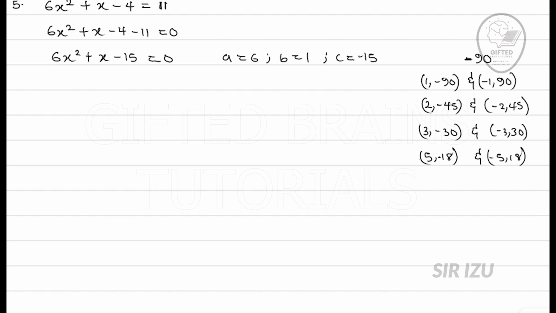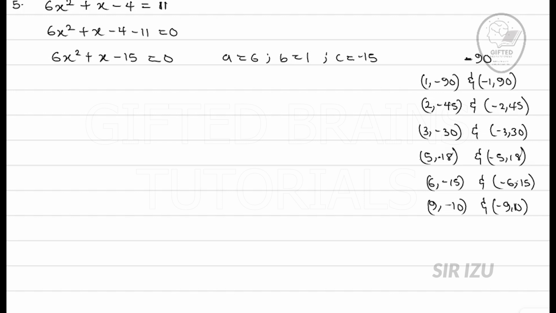We have 6 and minus 15, and then we have minus 6 and 15. And then lastly, we have 9 and minus 10, and then minus 9 and 10. I know you should be wondering now, how did I have these numbers on my head?